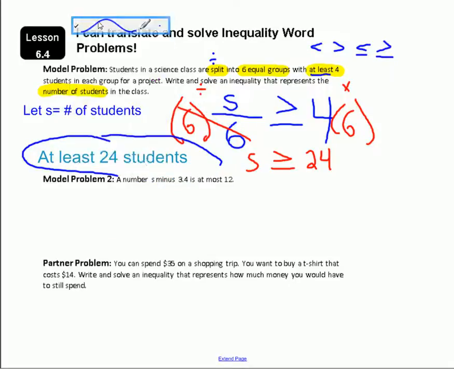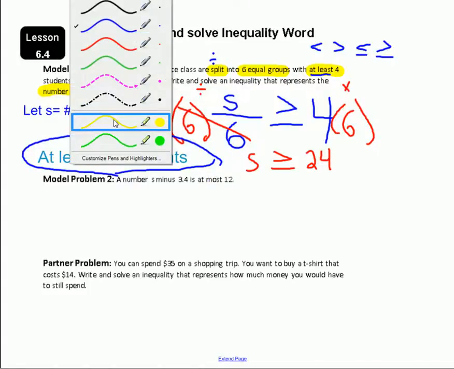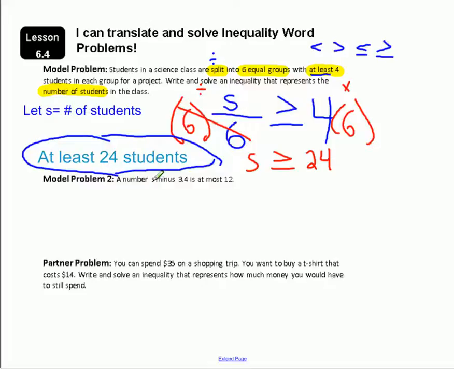Alright, so now the second type of question I have here for my model problem, it's a little more simplified. A number S minus 3.4 is at most 12. Alright, so reading again, this time I'm highlighting. A number S minus 3.4 is at most 12.